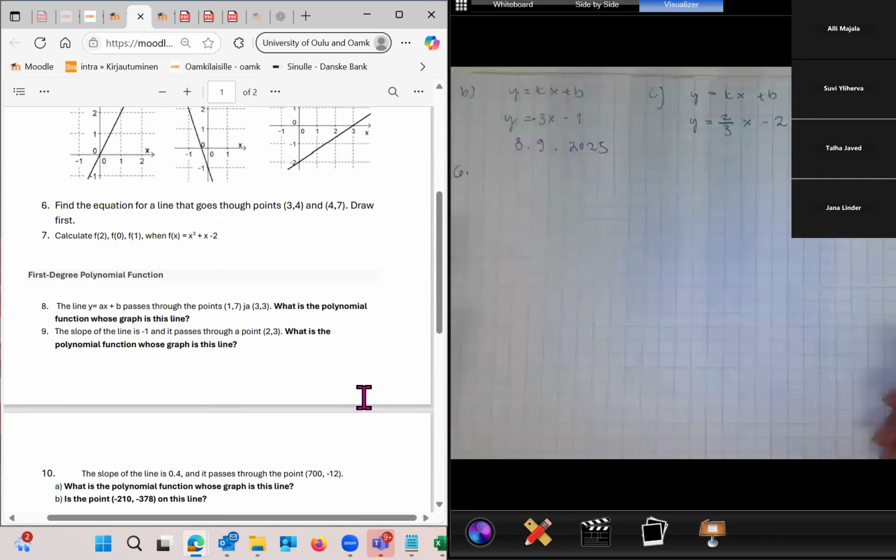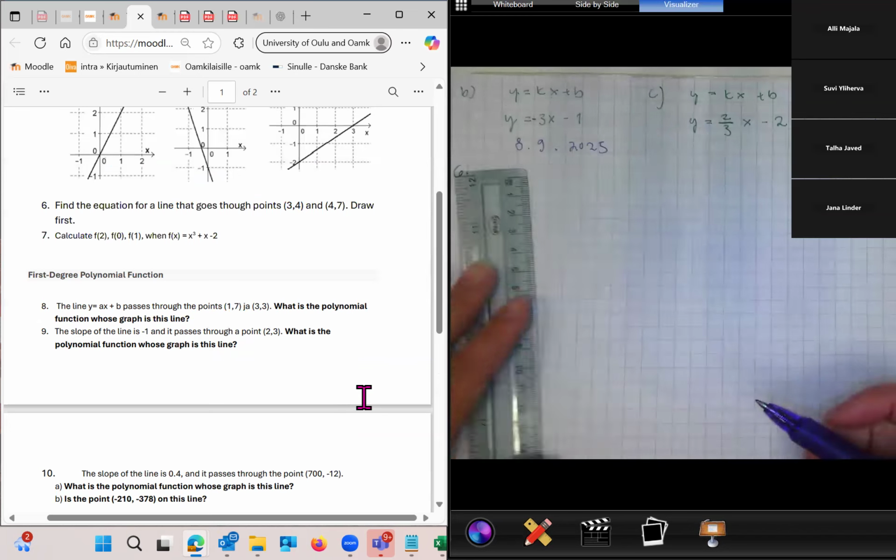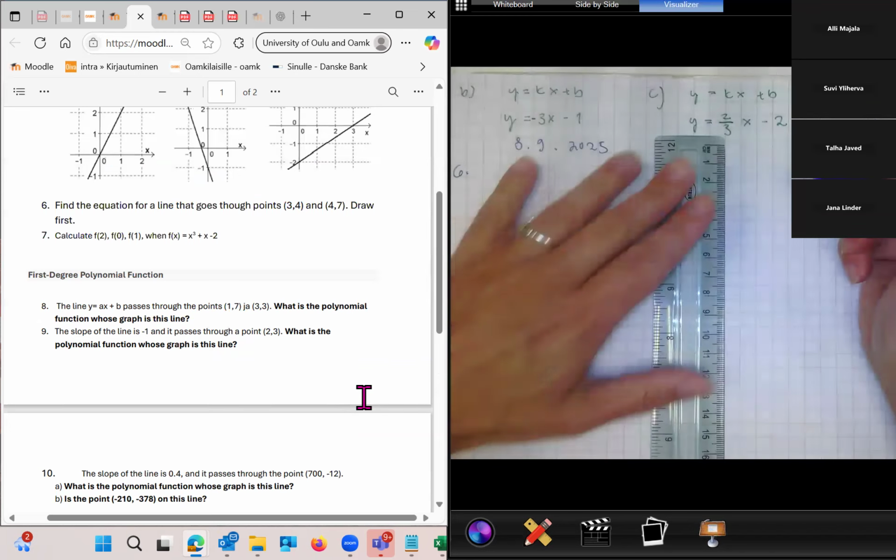Problem 6: find the equation for a line that goes through the points. Draw first.